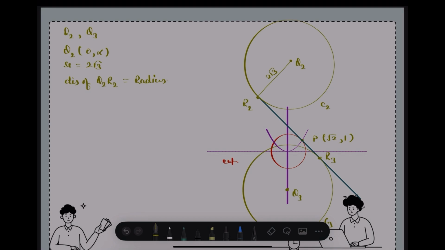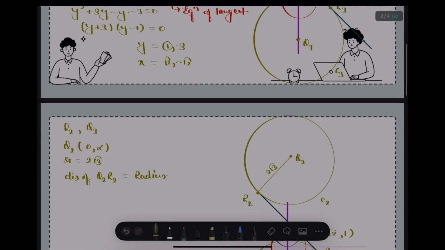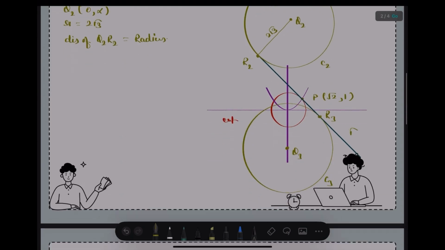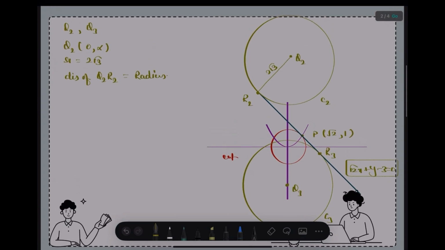Just tell me. And you know the equation of tangent was what? Root 2x plus y minus 3 equals to 0. You know this equation of tangent, so I'll use that one. Now be super slow. Distance means what?